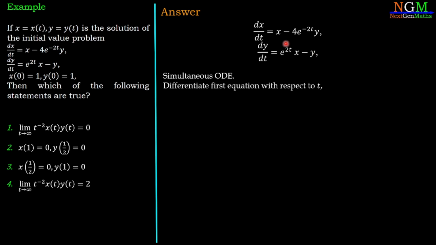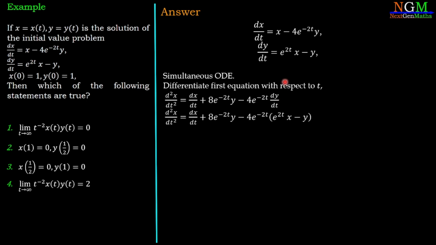For that, we differentiate the first equation with respect to t, and we have d²x/dt². The derivative of x with respect to t is dx/dt. Now the derivative of e^(-2t) is minus 2 e^(-2t). Therefore, we have plus 8 e^(-2t) y, and the derivative of y is dy/dt.